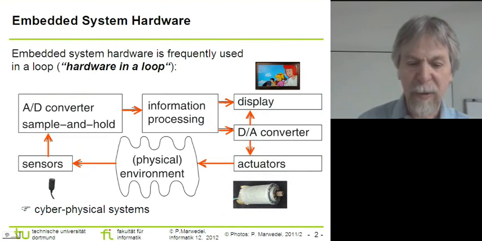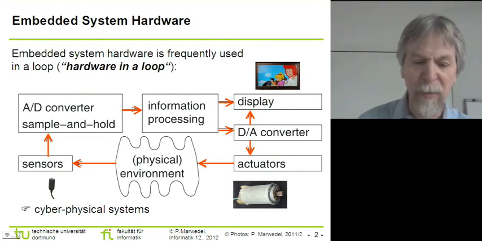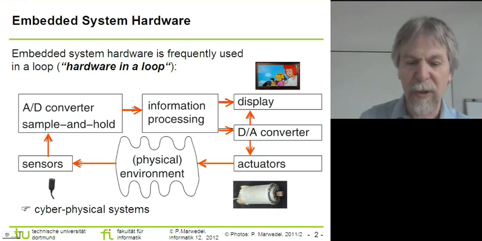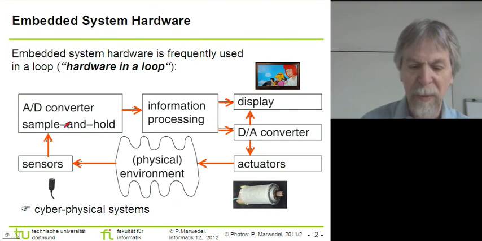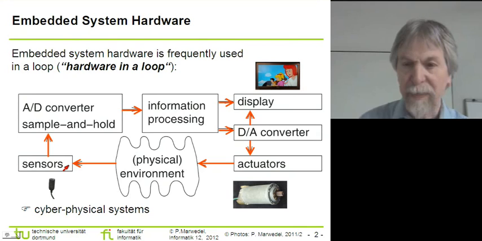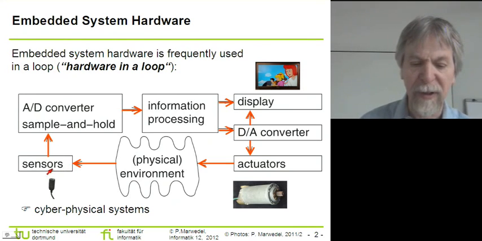In this chapter, I have grouped the different topics according to their position in the so-called hardware in the loop. You should remember that initially we can think of starting with the physical environment. And then the first type of components that I discussed are the sensors. Then we discussed the conversion to the digital world.